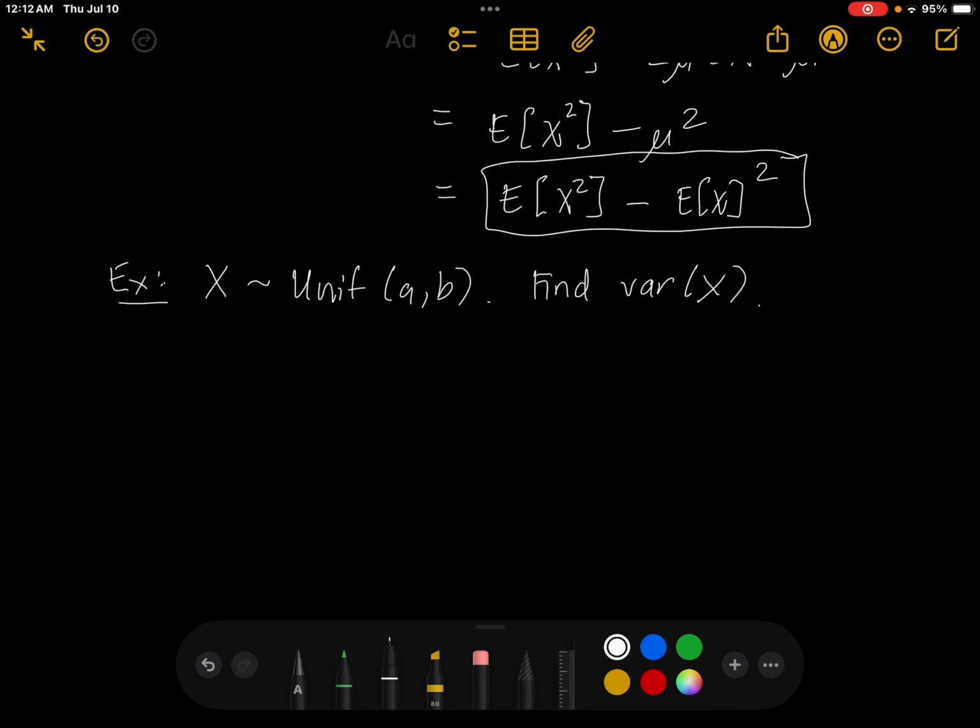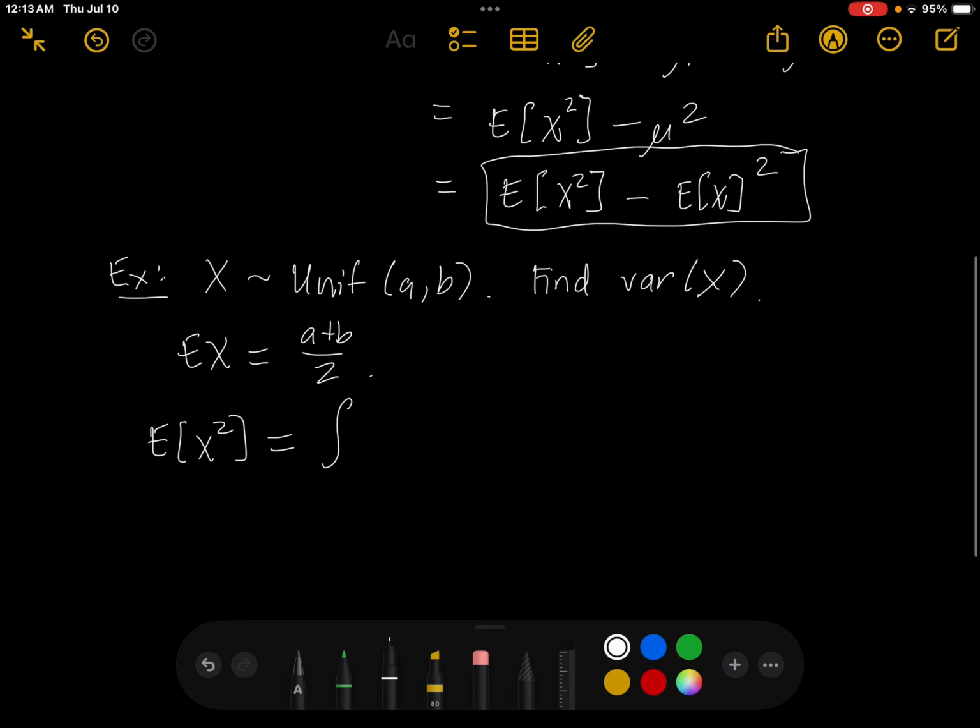First, we need to find the expectation of X, and we know that the expectation of X is just the average of a and b. Now we need the expectation of X squared. The expectation of X squared is the integral of x squared times the density function of X from a to b.